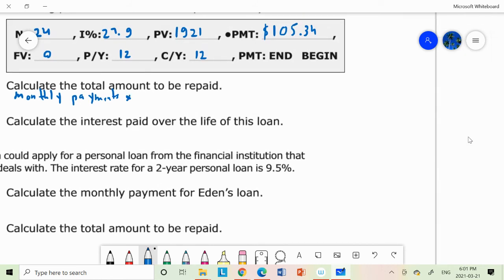We know monthly payments have to be multiplied by the number of months, right? Or in this case, number of payments. So take 105.34 times 24. Use your calculator to get 2,528.16.